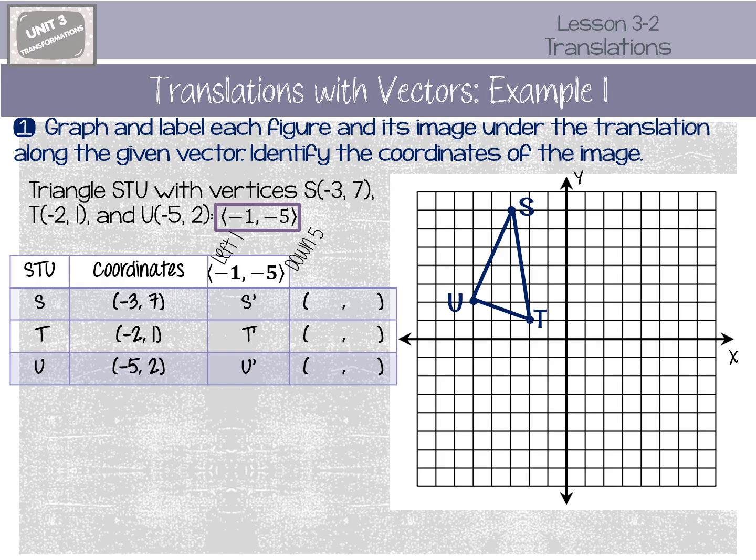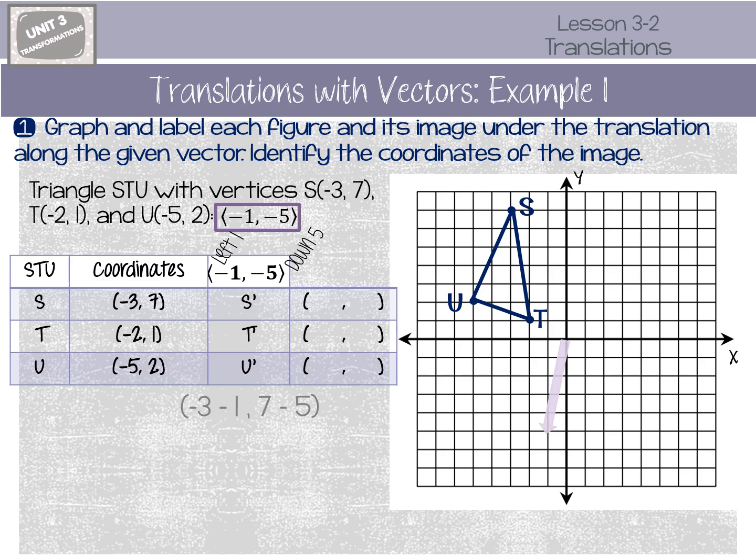In Delta Math, we would have problems like this, where you are doing a translation using a vector, and you're going to have to make the vector at the origin. So there's the vector. We would be going left 1, down 5, and then you would place that at each of the pre-image vertices, and it will automatically make the new shape, the image, for us.